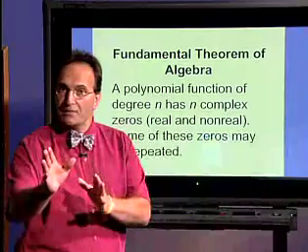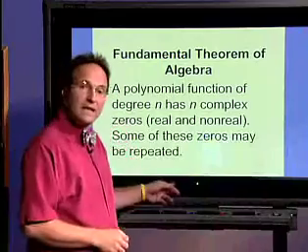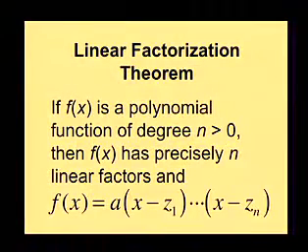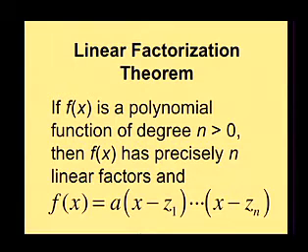The second theorem I want to look at is called the linear factorization theorem. It says if f of x is a polynomial function of degree n greater than 0, so it has a positive degree, then f of x has precisely n linear factors. And f of x would be equal to a times the quantity x minus z sub 1 all the way through the quantity x minus z sub n.